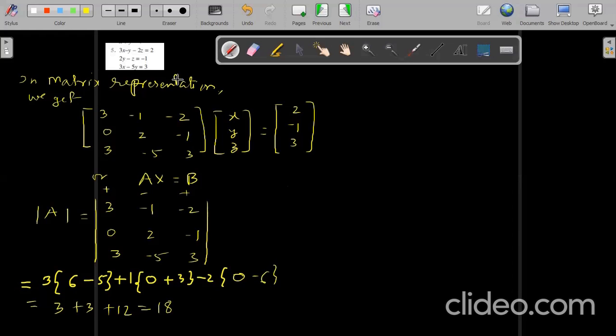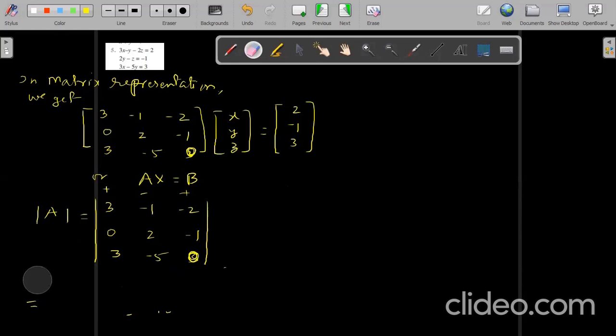3 minus 1 minus 2, 0, 2 minus 1, 3 minus 5, x, y, 0. This should be 0 actually. There is no z. So when it is 0, then we take minus, just check again. It will become 0. Okay. 3, 2 into 0, 0 minus minus minus 3 times 5, 2 into 0, 0, then minus minus plus 1.